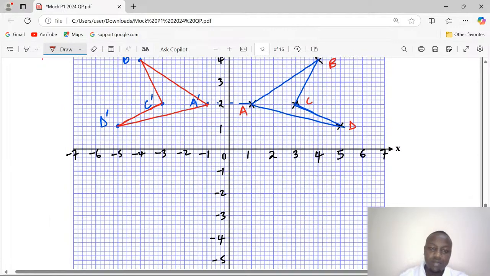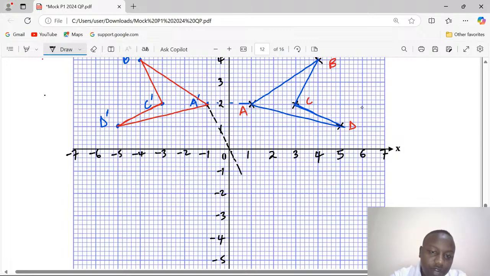If it is a point A, we join it to the center of the rotation. Then we measure 90, but in the anti-clockwise direction.